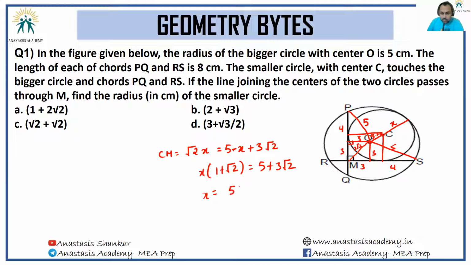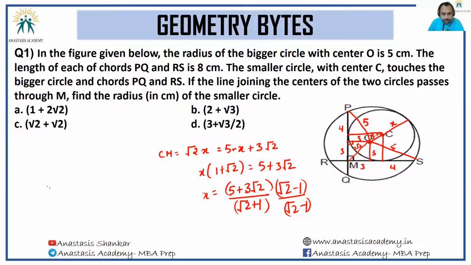So x should be equal to (5 plus 3 root 2) by (root 2 plus 1). The problem is we don't have any of the options in a by b form, so we have to rationalize this. So root 2 minus 1 by root 2 minus 1. The denominator will turn to 1.